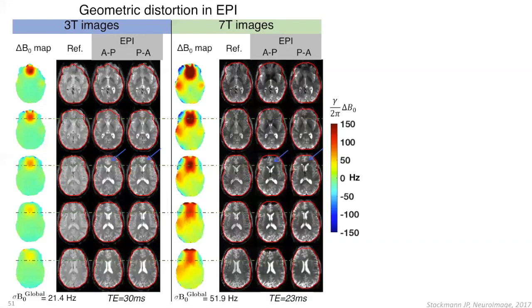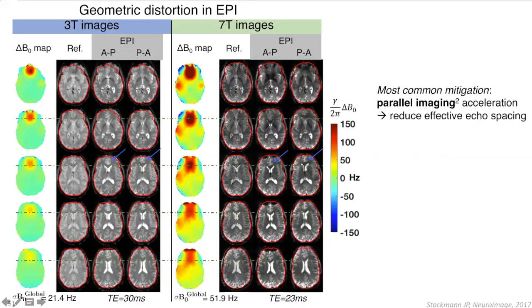And again, at 7T, you can get some shifts in signal. You can get this geometric distortion that occurs. You can see the worse B0 as you go to 7T.